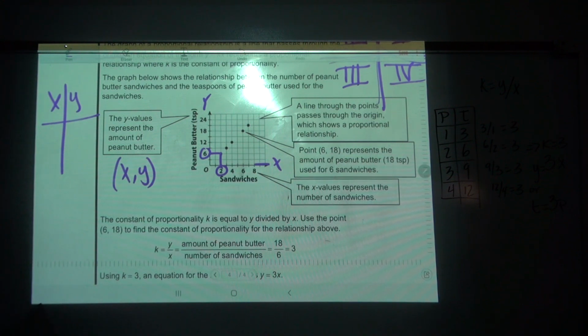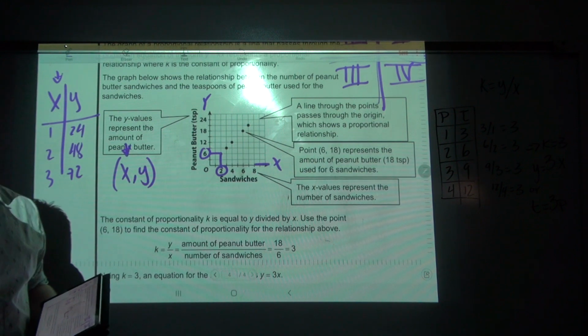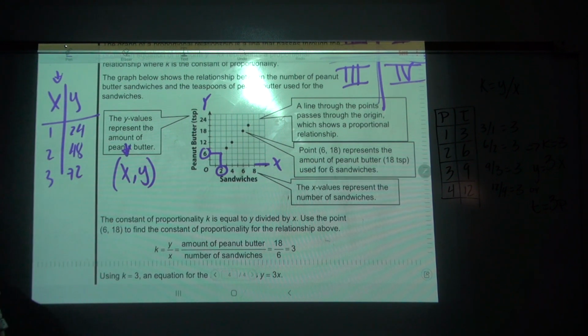So you have 1, 2, 3, and this is 24, 48, 72. For example, we're talking about days and hours. So which one comes first? X. And just like in the alphabet, X always goes before Y. That's something to help you remember.